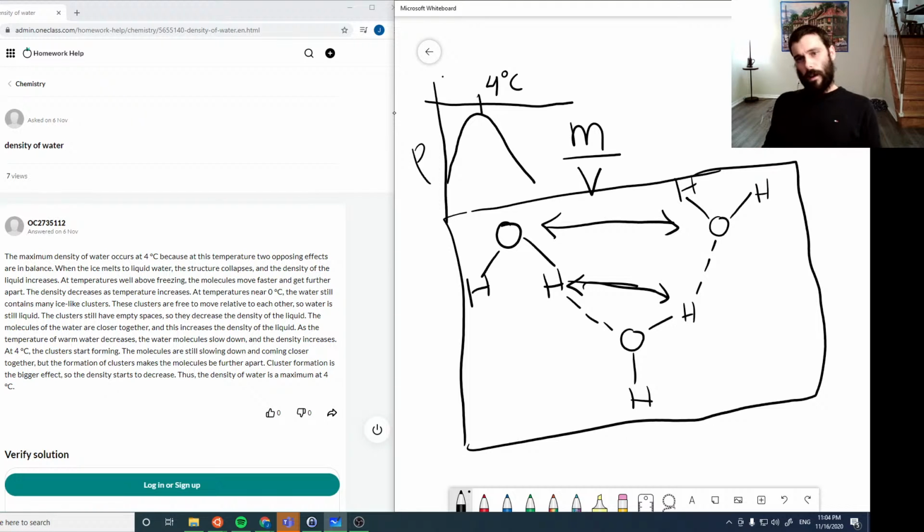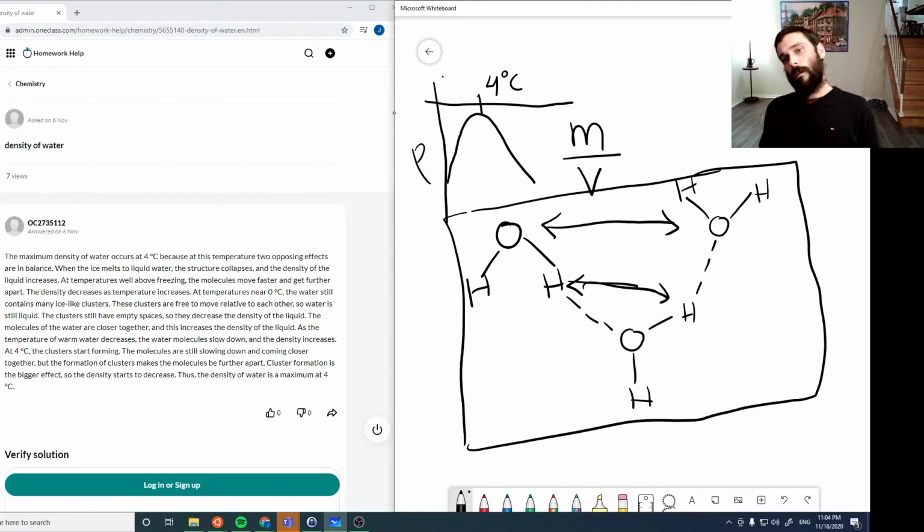And so as you decrease the temperature relative to its peak, it's going to move less quickly, be able to get closer together due to these hydrogen bonding type interactions that can pull each other closer together, and the density drops.